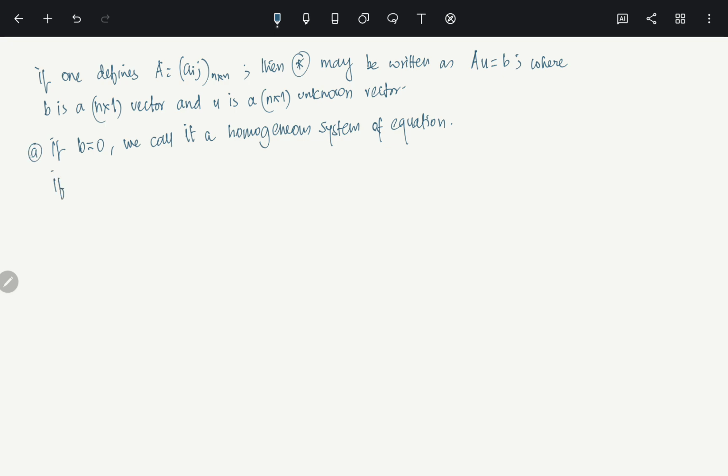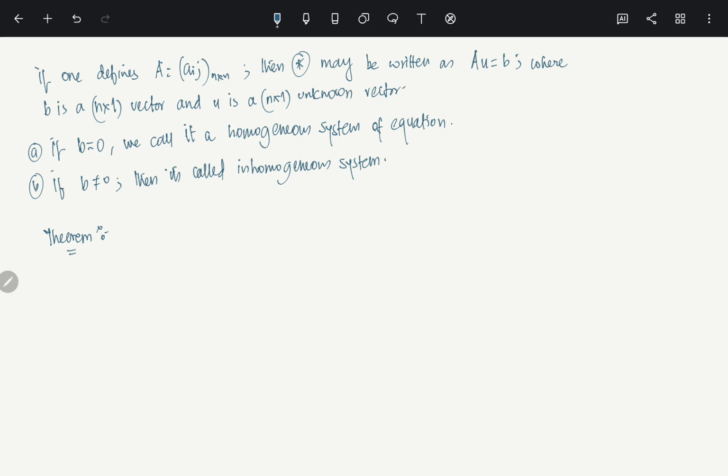If B is not equal to 0, then it is called an inhomogeneous system. Okay, so we are going to need a very important theorem here, and we are going to use this in a lot of different places. I am not going to prove the theorem, you have to do it yourself.